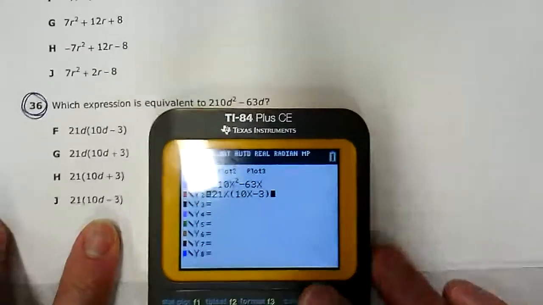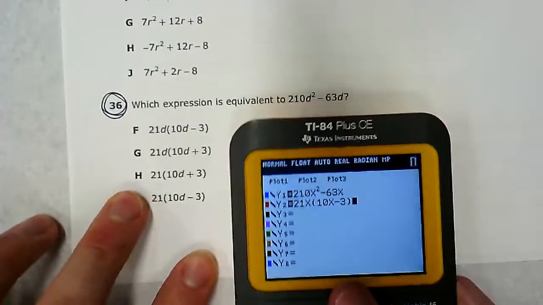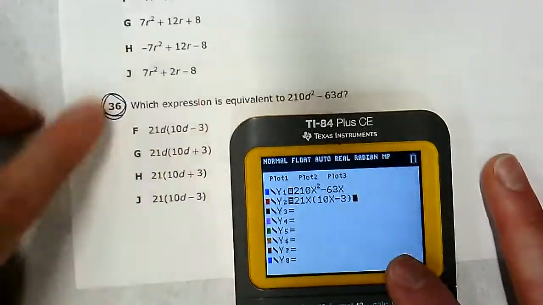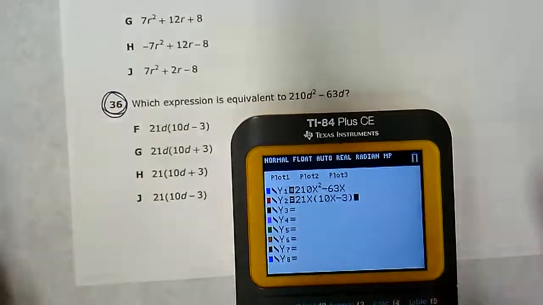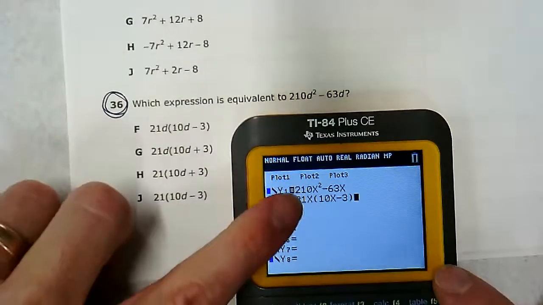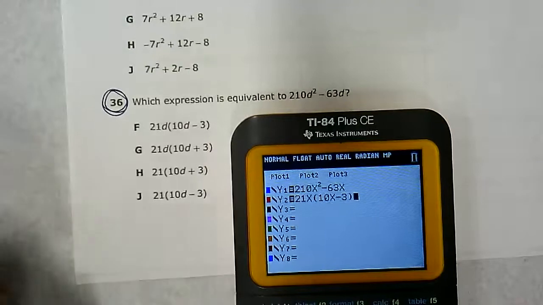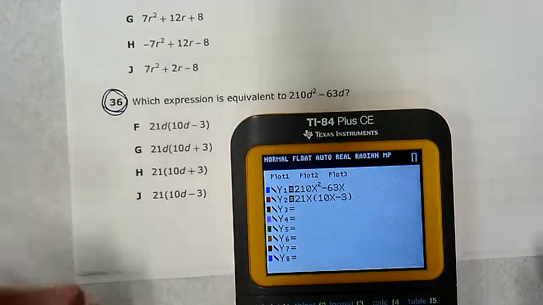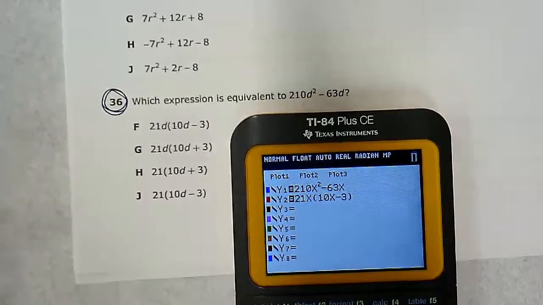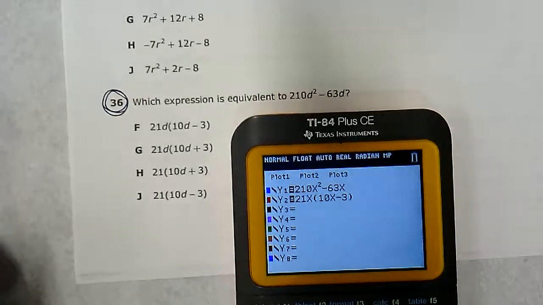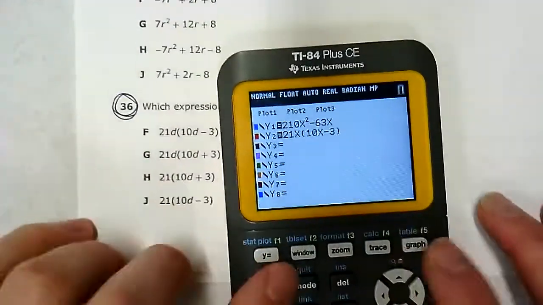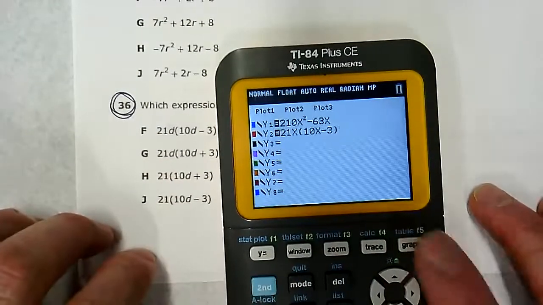I typed the expression in the question into y1, and I typed answer choice F into y2. If these two things are equivalent, they should have the same graph and the same table. We can look at either one. Let's go check out the table.